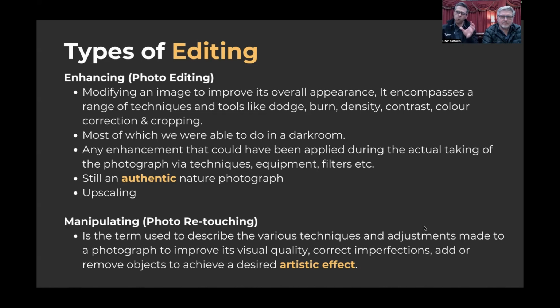And then all of this really comes down to the authenticity of the photo. It still needs to be true to the nature photograph that you're trying to portray. And then we're looking at upscaling as part of that now these days. Manipulation refers to anything that you alter the image by removing or adding, or to achieve an artistic effect to get to your image.